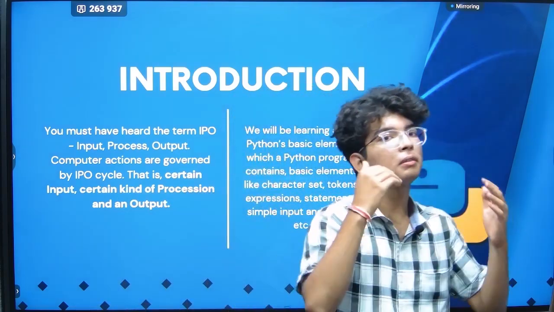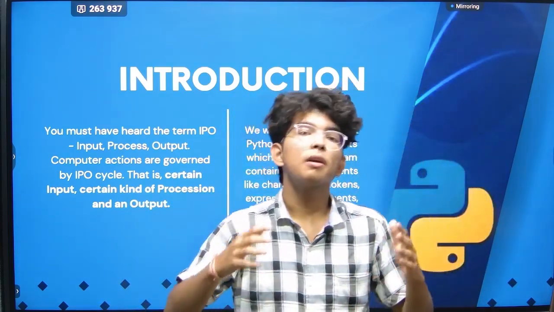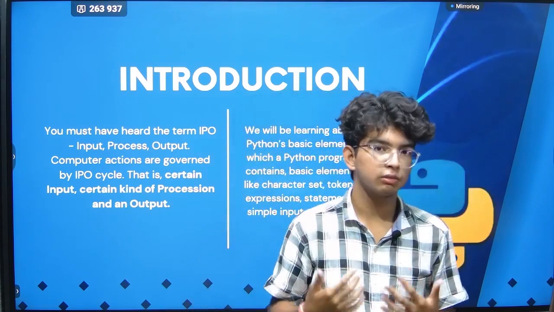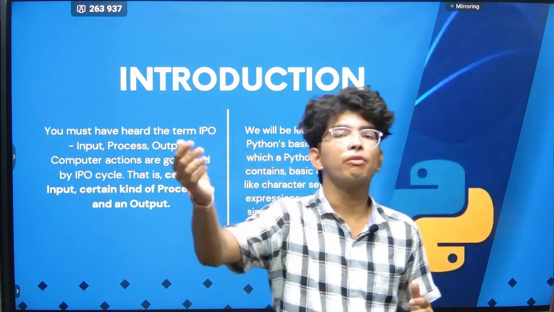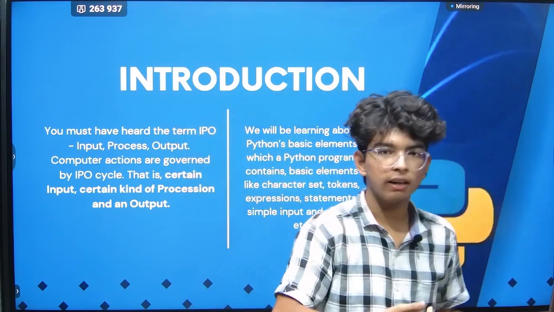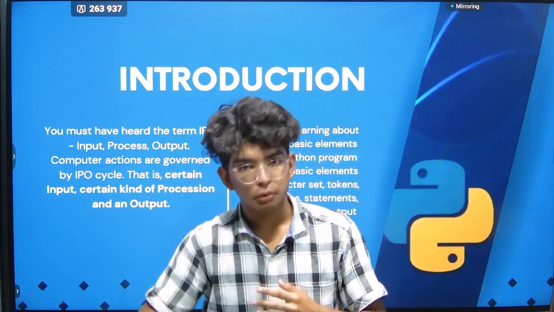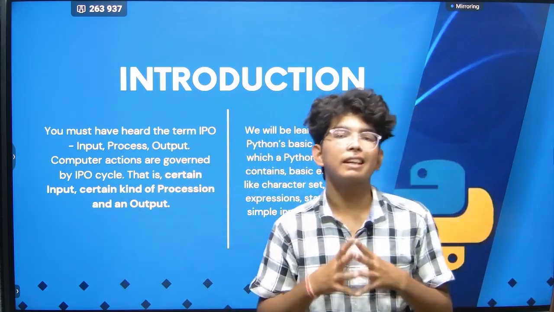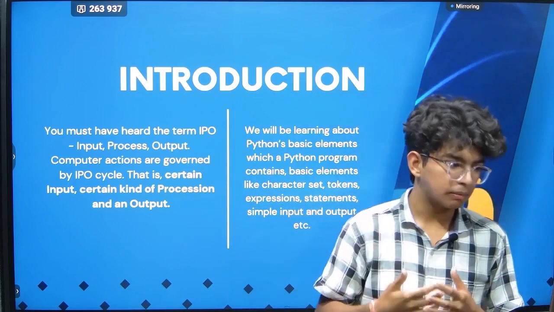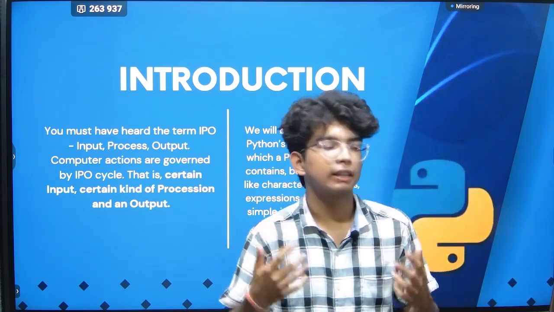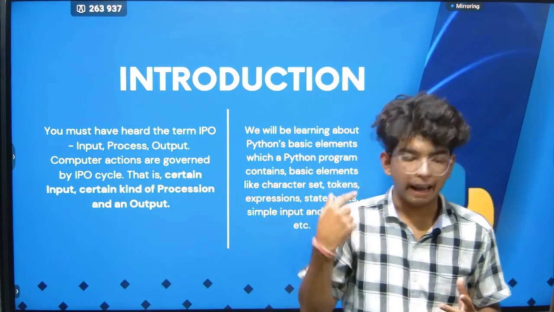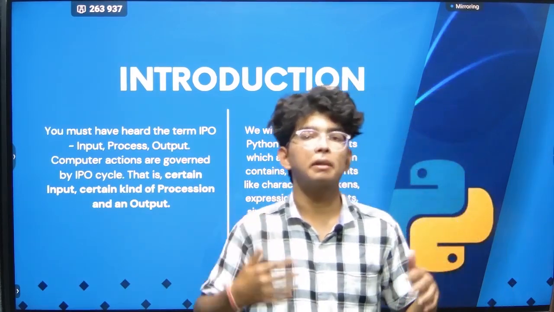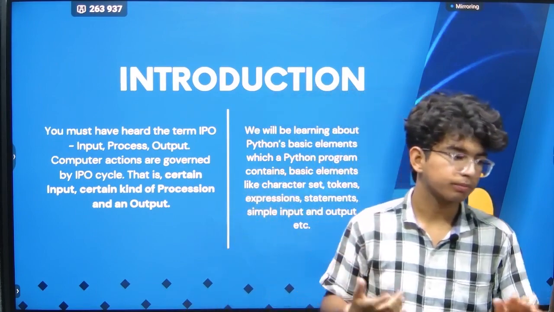Just like that, in the computer world, the IPO cycle is very necessary as it rules the computer world. A user will input data, then it will get processed, and we get the desired output from it. We will be learning about Python basic elements which a Python program contains, like character set, tokens, expression statements, simple input and output, etc.